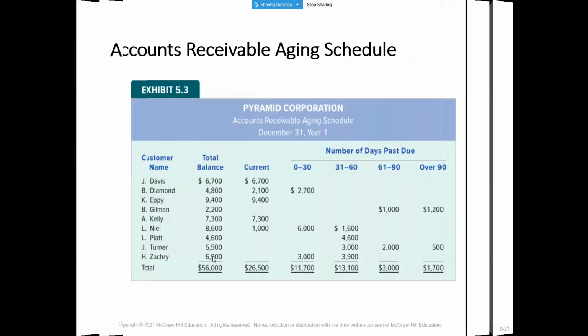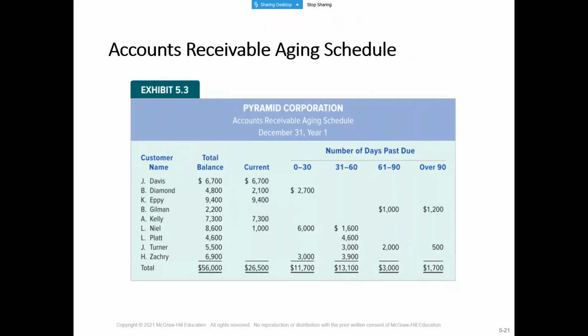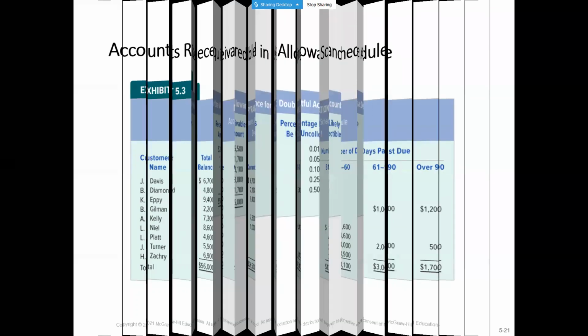So the aging method is probably about the most commonly used approach. And we did a problem like this, and for each category of number of days past due, we would apply a percentage of likelihood of uncollectibility. And your percentage would increase as the accounts get older, because as the account gets older, there's more and more of a likelihood that we're not going to be able to collect that account.